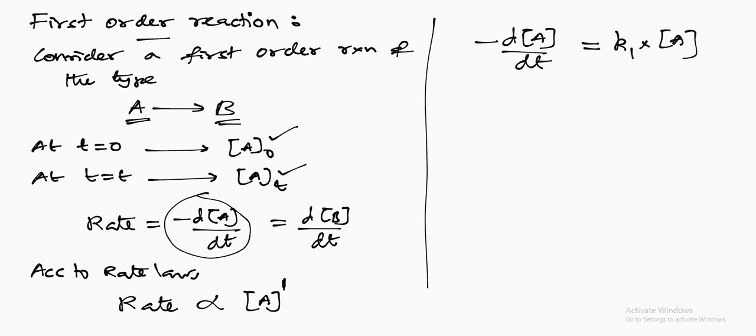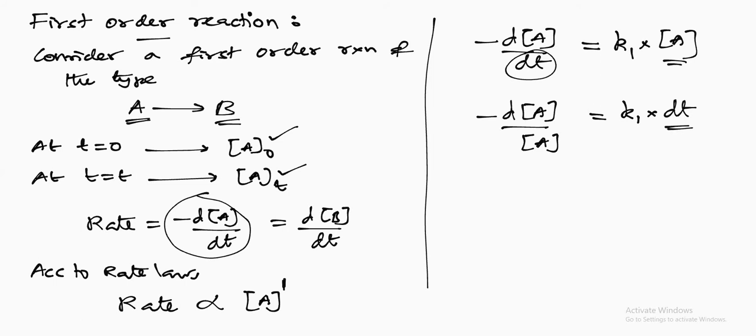Now I'll make a small rearrangement here. I'll bring this A to the left hand side and dt to the right hand side. See, as I told you before, dt is nothing but a small change. If there is a 0.5 second change or even a very, very small change, this is the change in concentration.